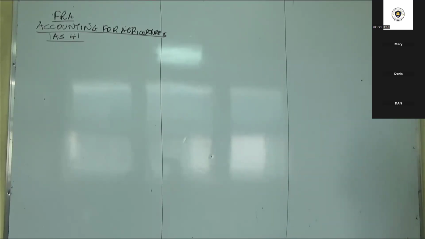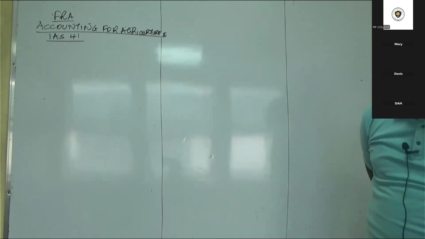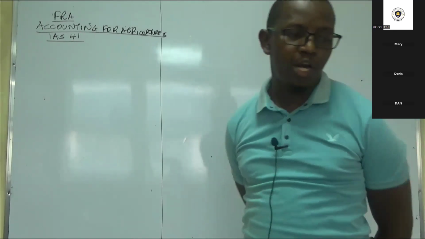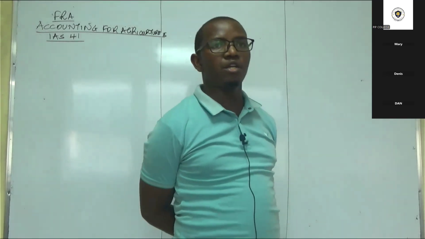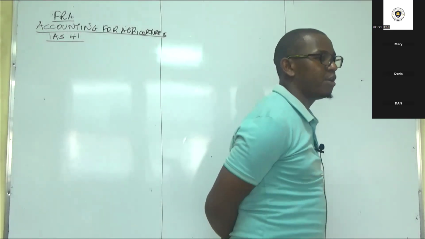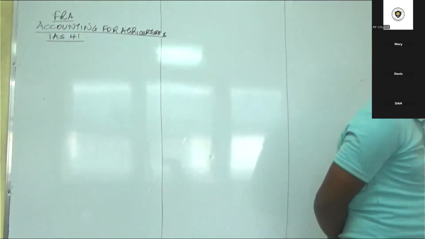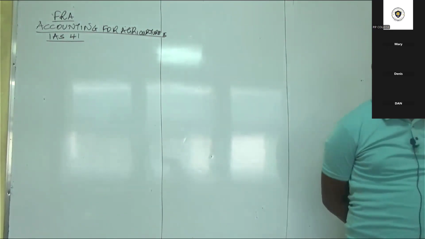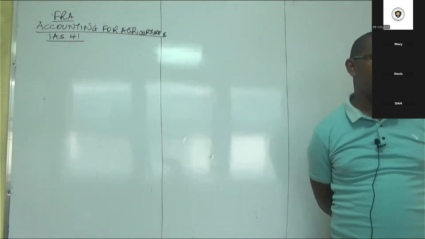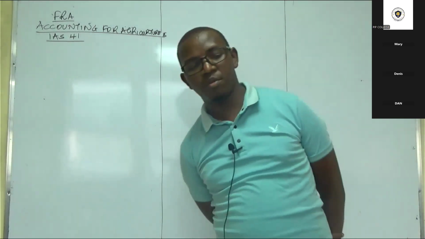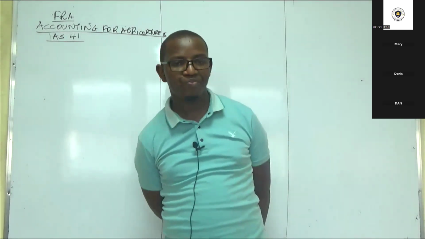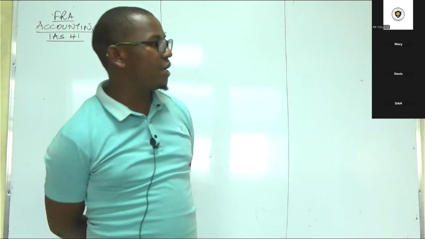Number two is the management of change: management facilitates biological transformation. The last one, number three, is the measurement of change. So those are the features of agricultural activities.